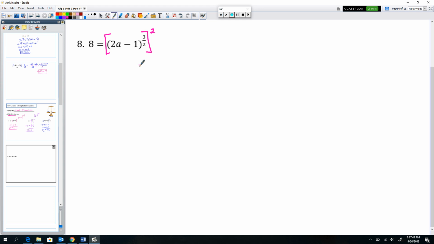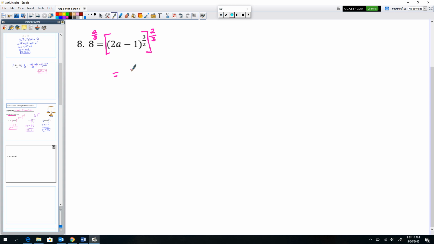That won't fix everything. But if you raise it to the 2/3 power, remember what happens with reciprocals. If you multiply 3 times 2 and 2 times 3, those go ahead and cancel out. So that's the tool you're going to need to use here. And this is definitely a little bit more advanced for today. But if you're bored, this is a great problem to work on. Whatever you do to the right to counteract this power, you have to do to the left.